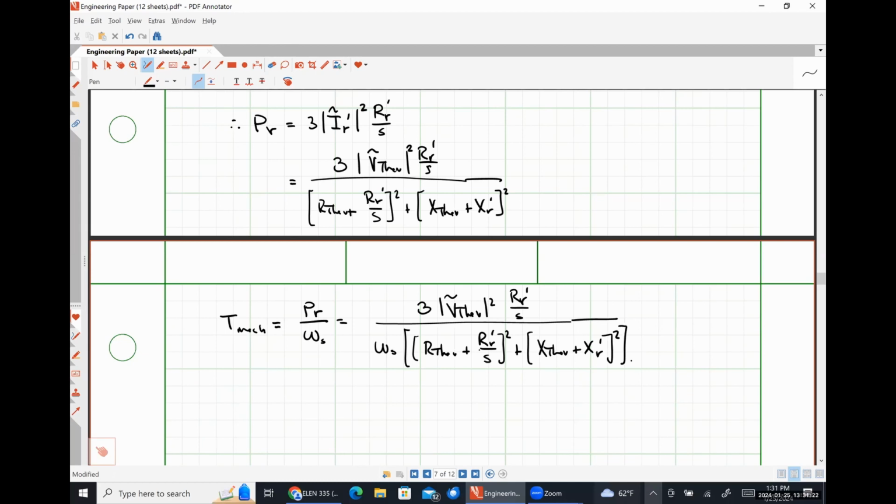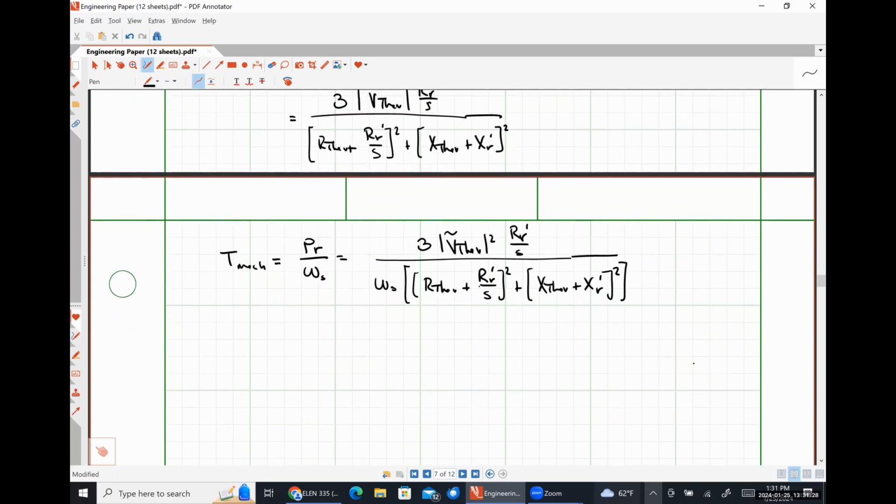All right, coming in the home stretch, a couple of quick relationships that we want to figure out now. So we have an expression for our developed mechanical torque.